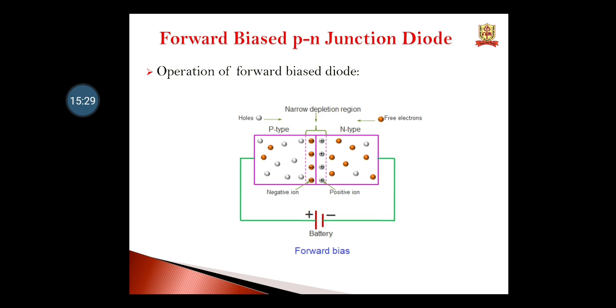And the negative terminal of the battery is connected to the N type of semiconductor, and the electrons, which are majority carriers in N type, are repelled by this negative terminal of the battery, and they will try to move towards P type through the narrow depletion region.